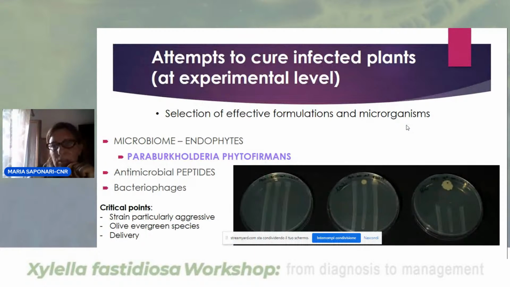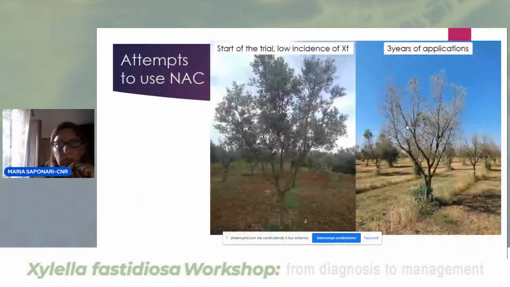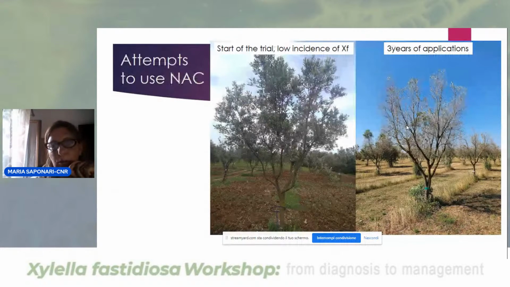And this is just an example. Maybe Helvecio will report about the use of N-acetylcysteine for the control of CVC in Brazil. This was one of the first products we tried also on olives, but in our conditions, with this aggressive strain and with this crop, we did not get the promising results obtained for grapes.